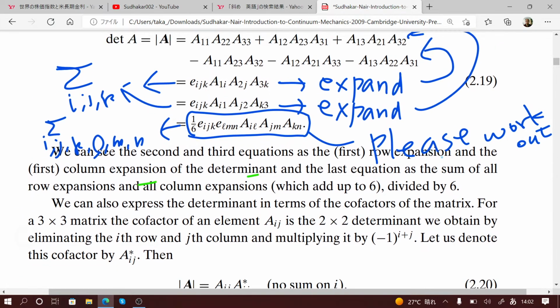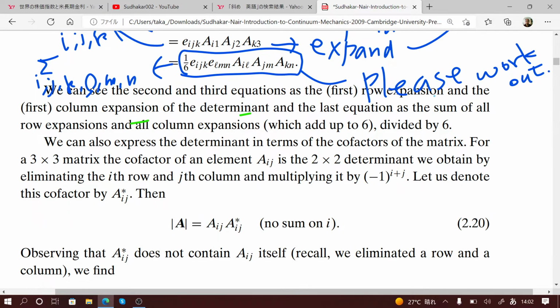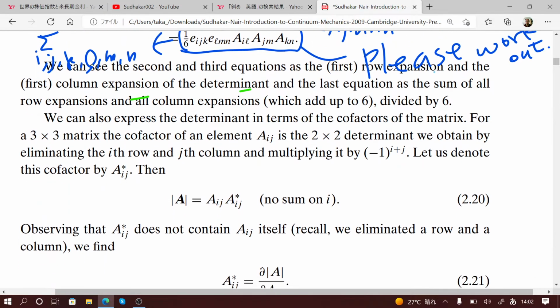Okay, so it should be okay. We can also express the determinant in terms of the cofactors of a matrix.